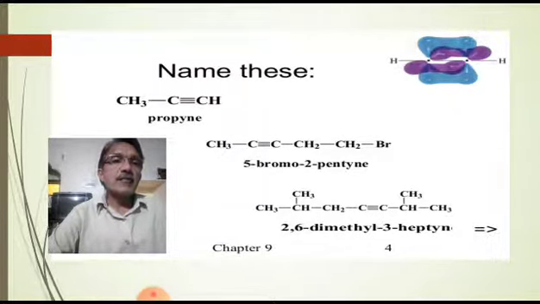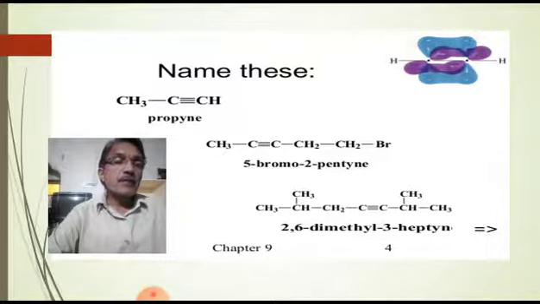When we number from left to right, the second carbon gets the triple bond, the fifth carbon gets bromine. Therefore, according to alphabetical order, bromo comes first. Therefore, 5-bromo-2-pentyne or 5-bromopent-2-yne is the IUPAC name of this compound.